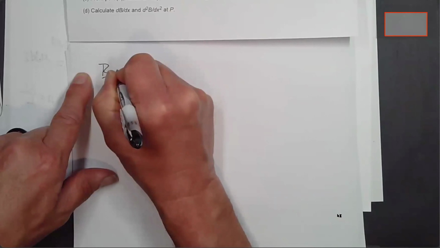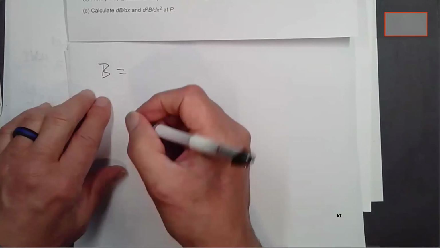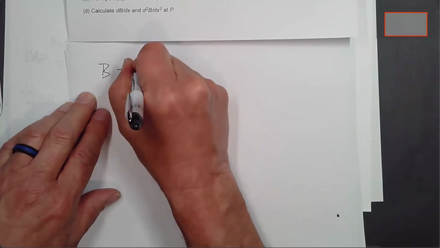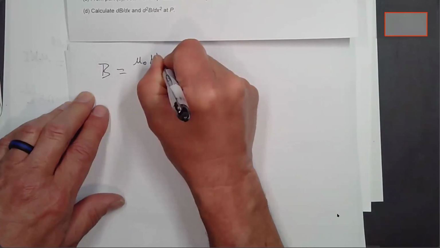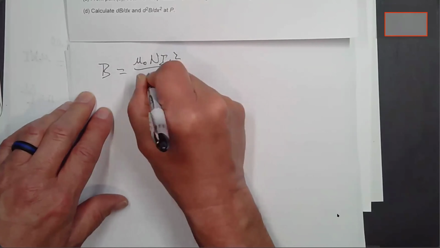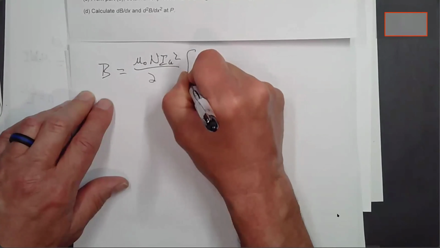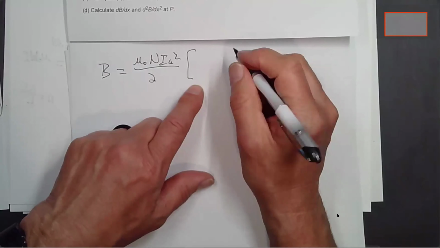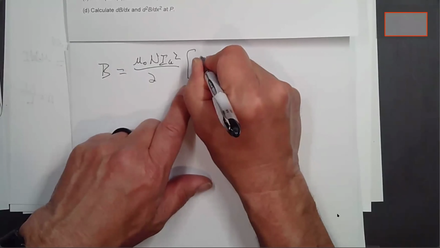And I'm going to factor stuff out of here. I'm going to take the mu naught N I A squared over 2, pull that out, and then I'm going to write it in a different way.